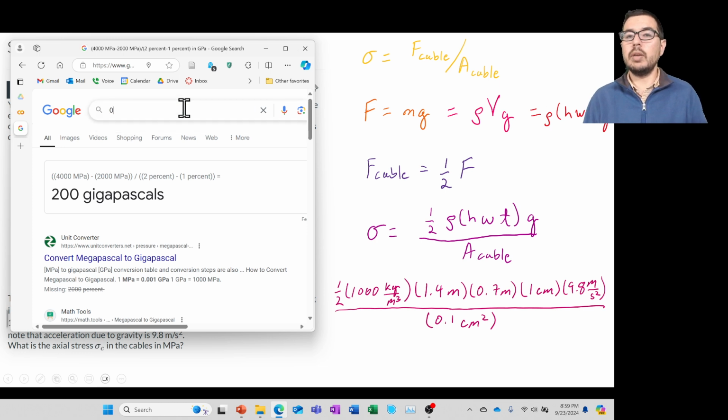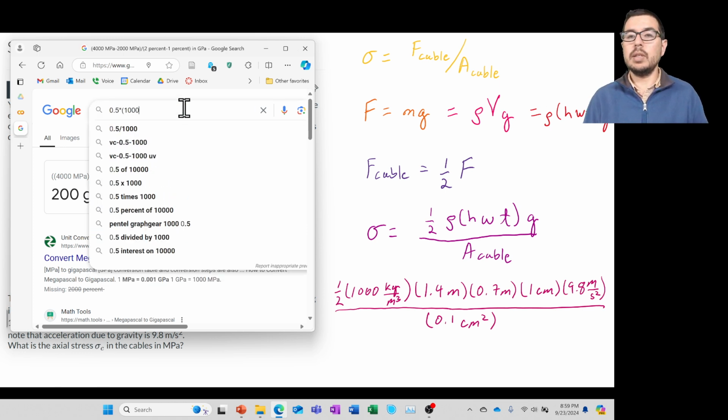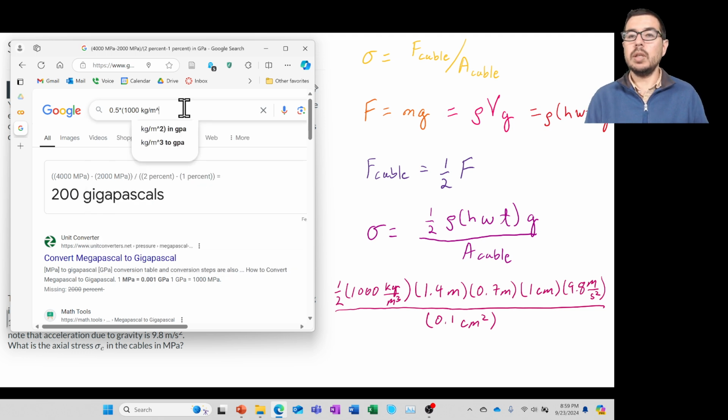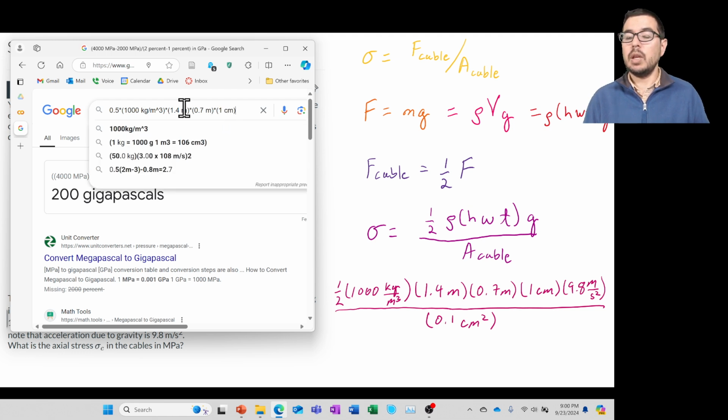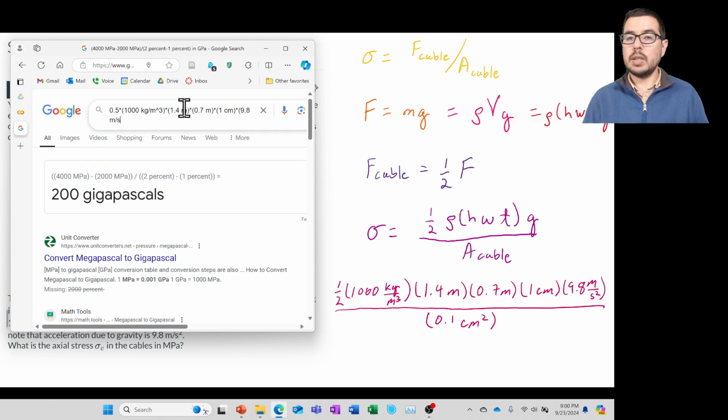We'll say we have 0.5, we have 1,000 kilograms per meter cubed, we have 1.4 meters, we have 0.7 meters, we have 1 centimeter, and we have 9.8 meters per second squared, and then divided by 0.1 centimeter squared. And what are we hoping? We're hoping that the units that this spits out will be those of stress, so pascals.